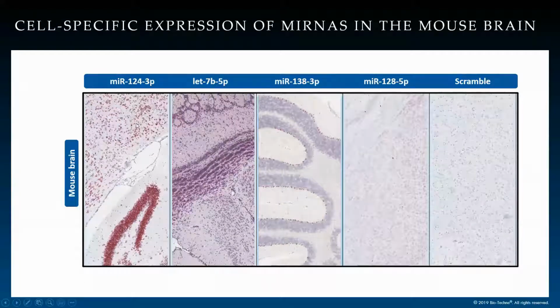And here we can pick up miR-124, which is one of the most ubiquitously expressed microRNAs in the brain, Let-7, and then miR-138 specifically expressed in the target regions. And then we have a scramble control just showing the specificity of these probes in detecting the target microRNA of interest.